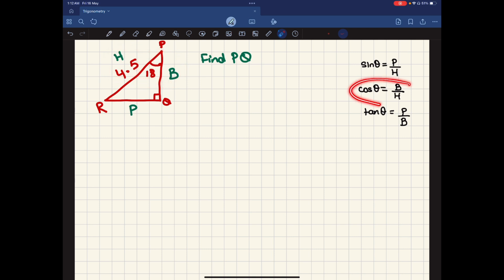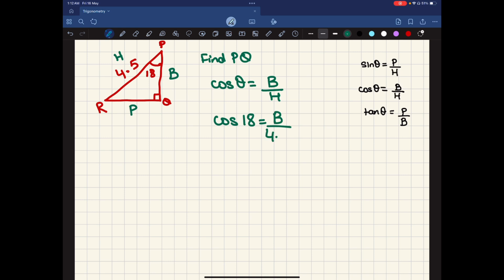So H and B are connected through cos. So cos theta is going to be B over H. Let's plug in the values. The value of theta is 18. Base is unknown. H is the hypotenuse, which is 4.5. We're going to take 4.5 to the other side.